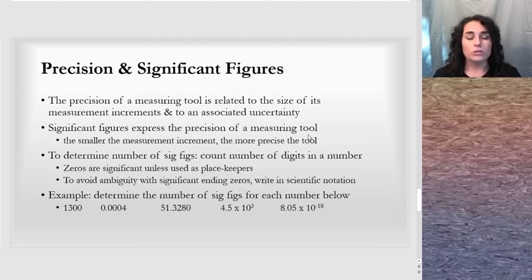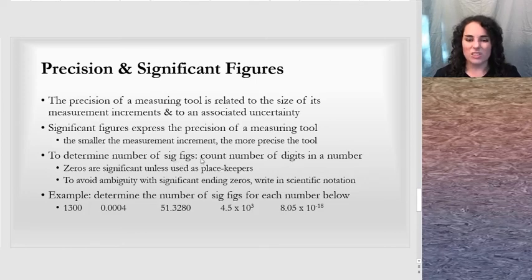The smaller the measurement increment, the more precise the tool, and the more significant numbers I'm able to write down that I actually know from my measurement. The number of significant figures becomes larger because my precision is more accurate, right?